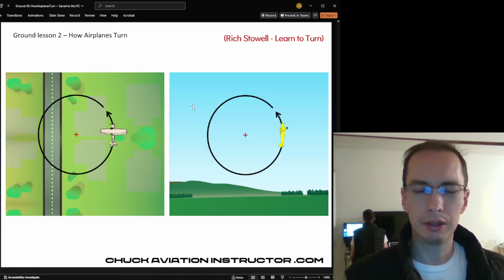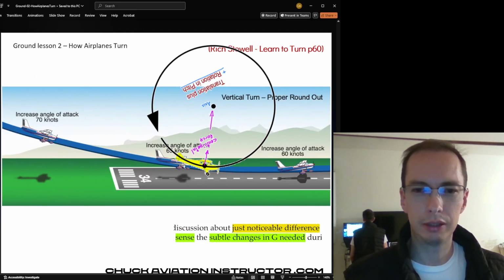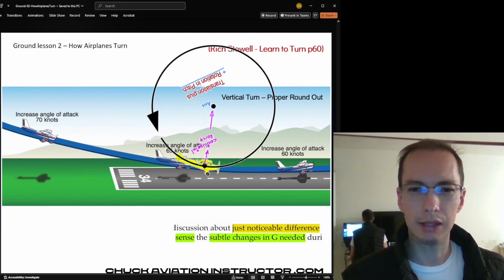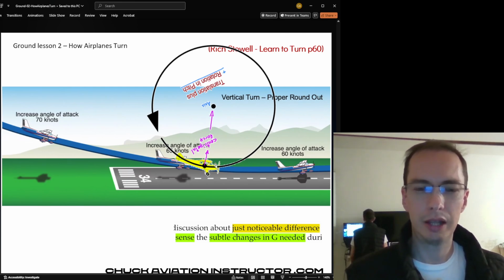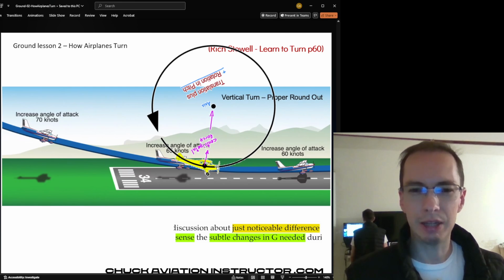And here's how that vertical turn is acting as you flare, with that 15% in load factor, so 1.15 Gs, and with that 8% increase in stall speed.